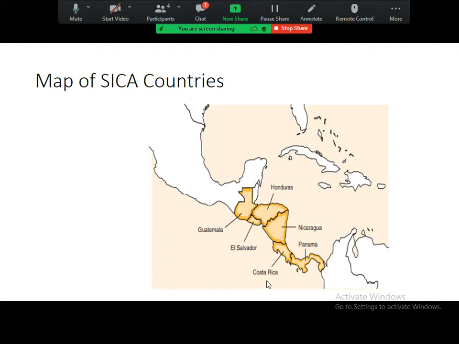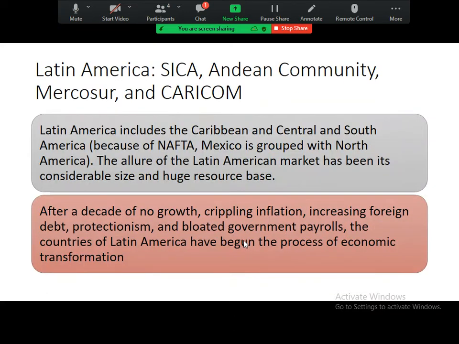That includes many countries: Costa Rica, El Salvador, Panama, famous, and two, three more countries. So Latin America includes the Caribbean and Central and South America. Because of NAFTA, Mexico is grouped with North America.